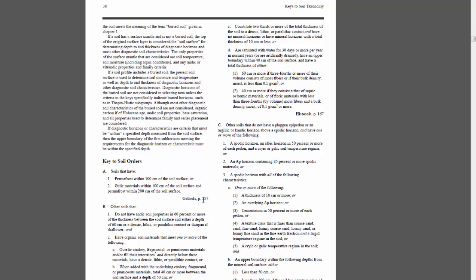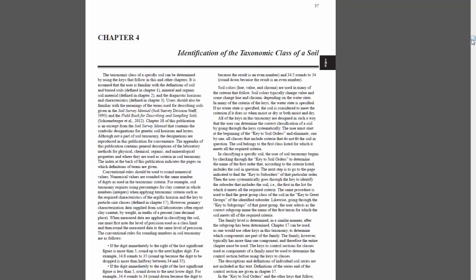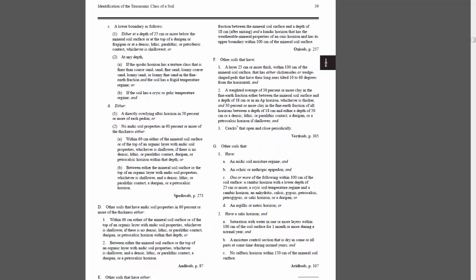If we look at what comes out first, it's gelisols, then histosols with their organic soil materials. Sorry, part of this is cut off at the bottom. The next order would be spodosols, where they're talking about spodic materials here.